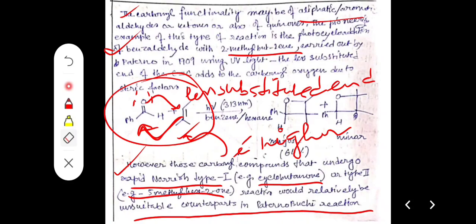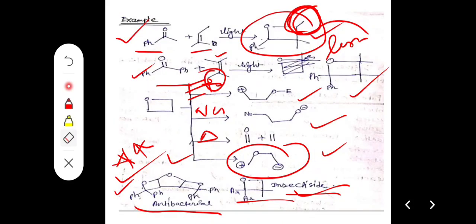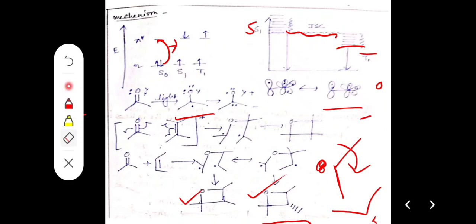Second, there is homolytic fission, with the oxygen attached to the less substituted site, and then two radicals form, and due to recombination of these two radicals we get the ultimate product.